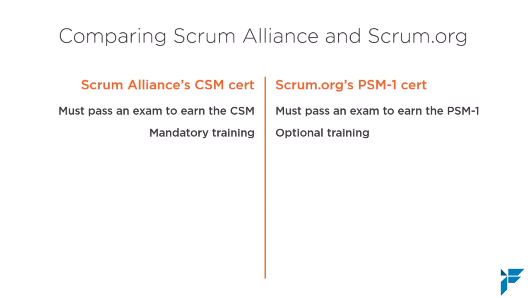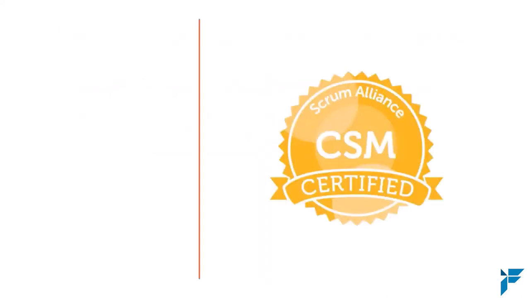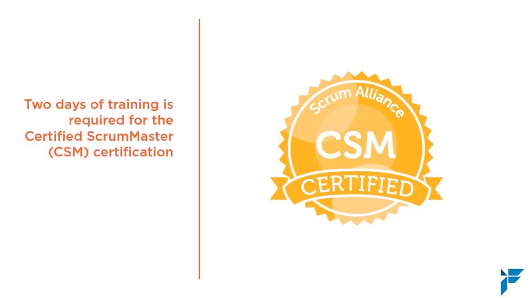The first point of distinction between the CSM and PSM has to do with training. The Scrum Alliance requires a mandatory 2-day training for certification aspirants, whereas Scrum.org recommends training but does not make it an exam prerequisite. Before you take the CSM exam, you must enroll in a mandatory 2-day Scrum Master training class from the Scrum Alliance.